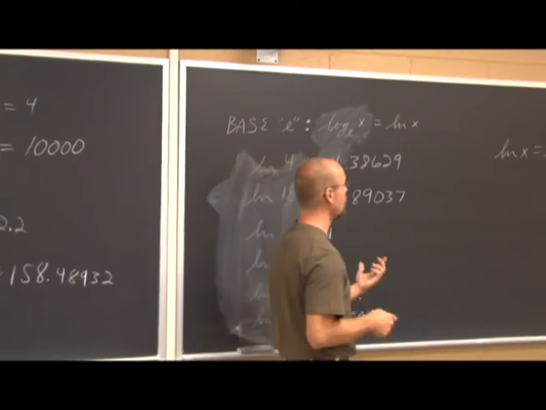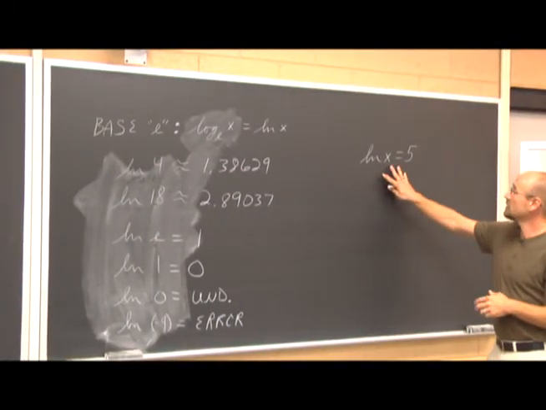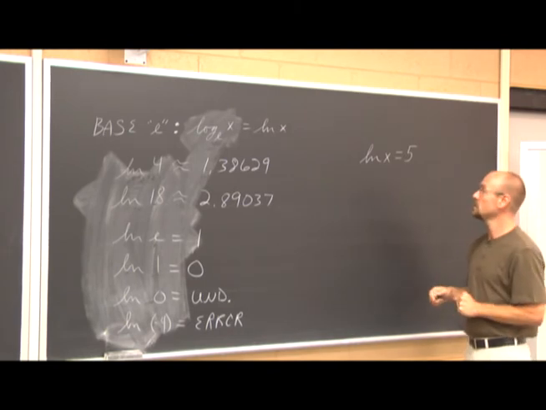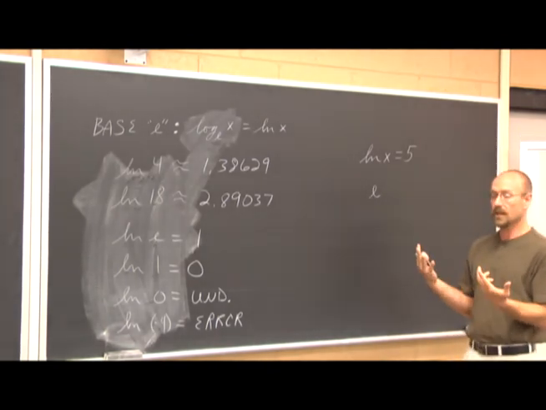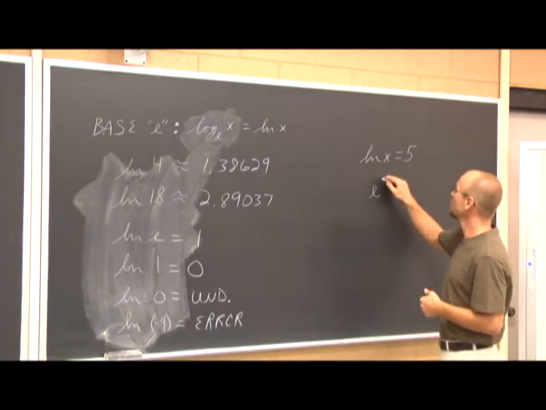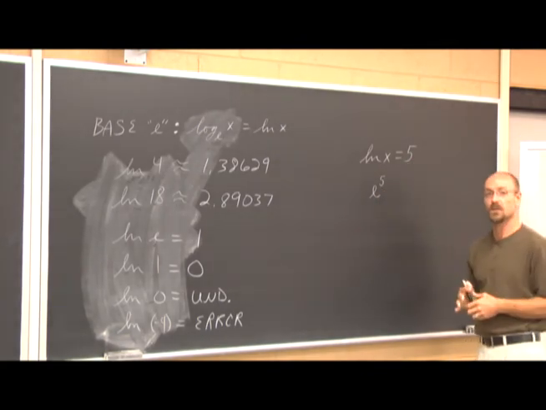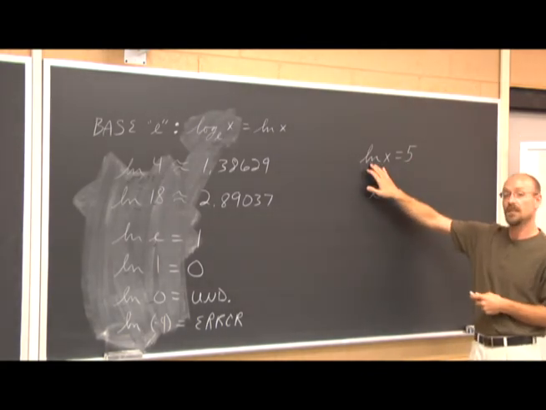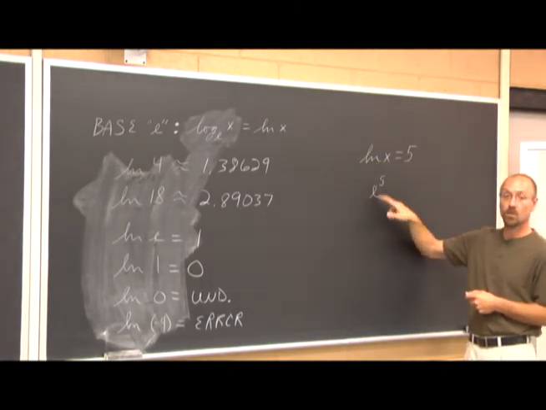So what can we do to solve natural logs? Well, if we take a look at this, essentially let's rewrite it as an exponential equation. I know my base is e, which is an irrational number like pi, 2.718, whatever. And my power is 5, so e to the 5th. Well, I can put that into my calculator because on the same key, whether it's scientific or graphing, you might have to hit the shift to access the e to whatever power.